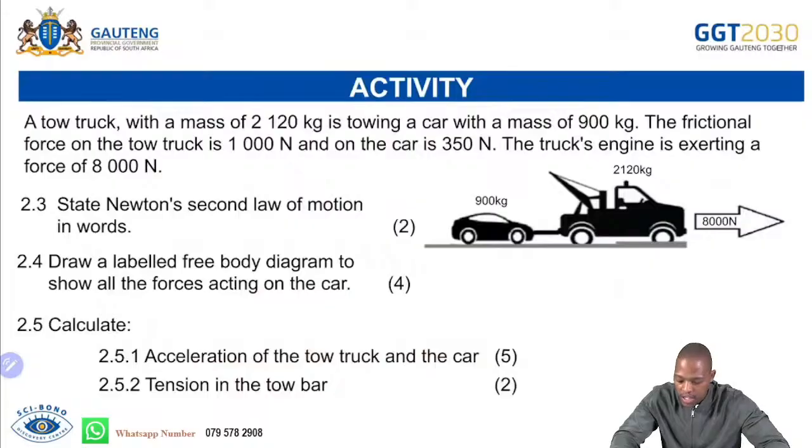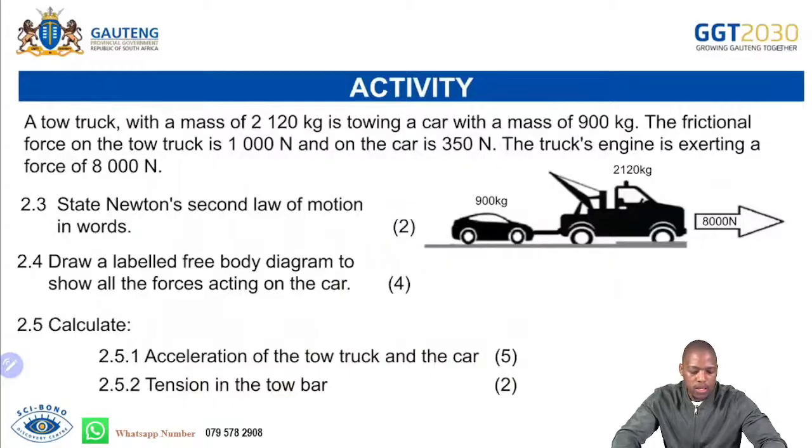The truck's engine is exerting a force of 8,000 newtons, right? And there's a diagram again there showing us the mass of 900 kilograms and then the mass of 2,120 kilograms. And then there's a force applied of 8,000 newtons, and frictional forces of 1,000 newtons and 350 newtons respectively.